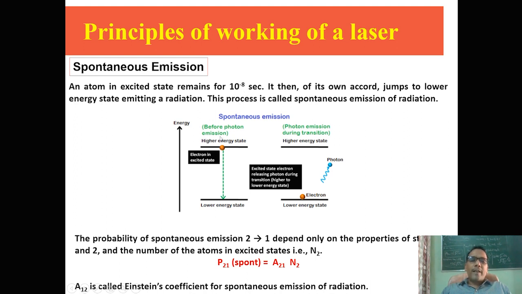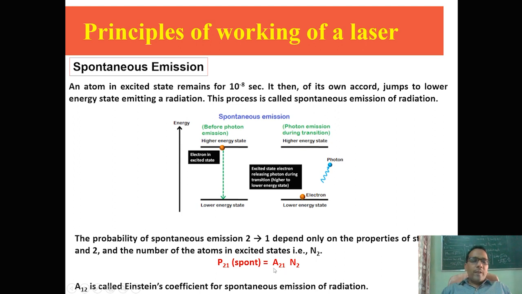So after 10 to the minus 8 second, these atoms come back to the ground state automatically by emitting the absorbed photon. This is the emission of photons, which is spontaneous. That's why this is known as spontaneous emission. So the probability of this spontaneous emission from state 2 to 1 depends only on the total number of atoms available at the higher energy level, and also on the properties of energy levels 1 and 2, with this Einstein coefficient A21.